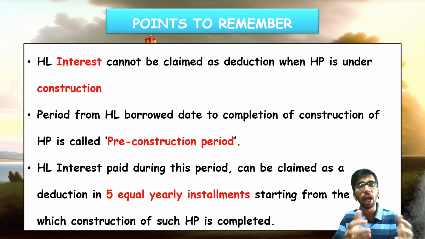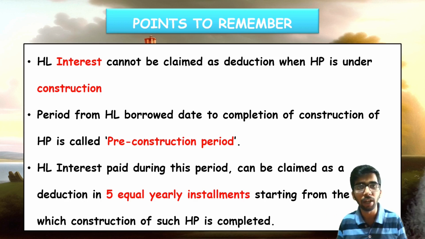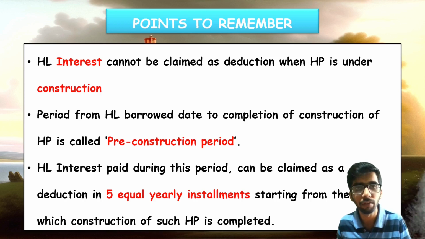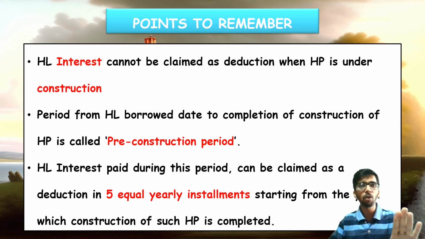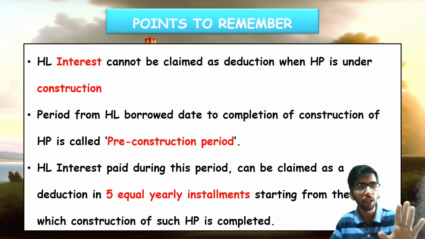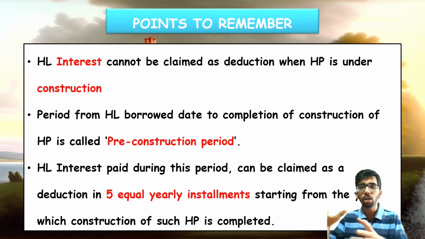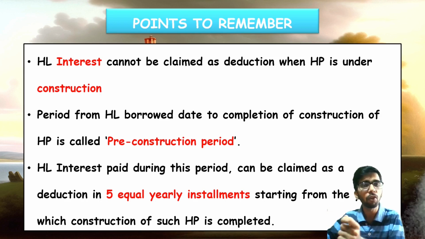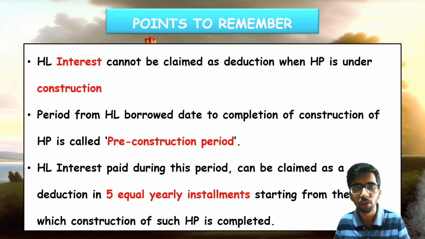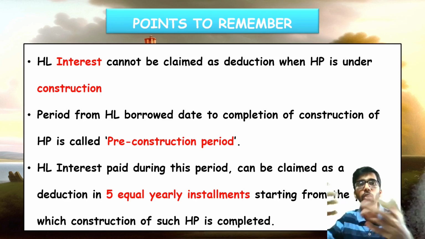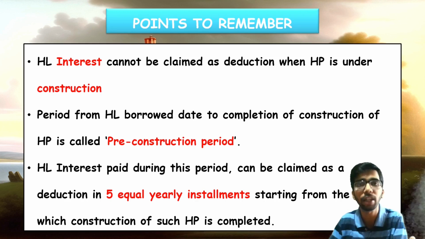That will be allowed as interest in 5 equal installments starting from the year in which your house is fully completed. For example, you have borrowed your housing loan in the year 2016-17. Let's say your house is fully completed in the year 2021. Up to 2021, what you have paid is called the pre-construction interest portion.